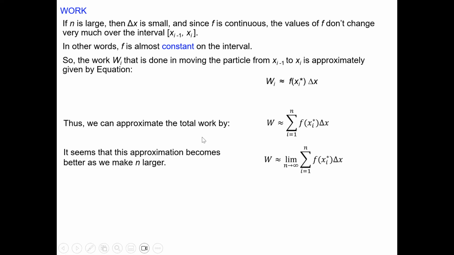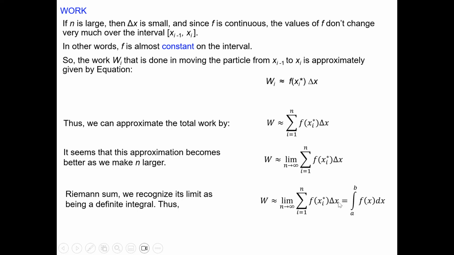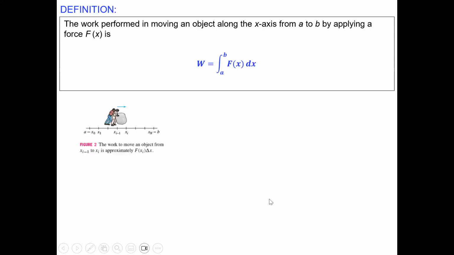And then for a good approximation, we're adding infinitely many of them. That means now we just have to integrate, right? Let's see this. The work performed in moving an object along the x-axis from A to B by applying a force f of x is just the integral from A to B of f of x dx.